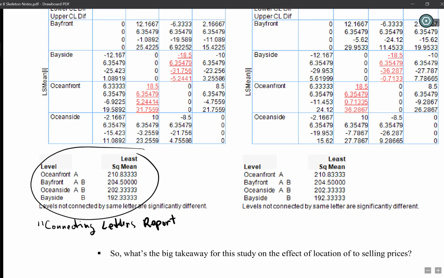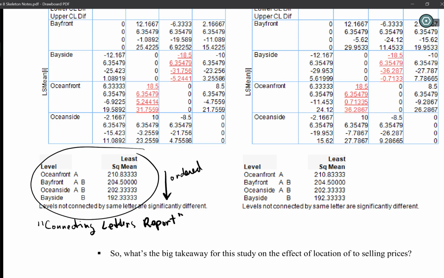What it does is it looks at all the pairwise comparisons through this kind of concise reporting scheme. If you look here at the sample means, the least squares mean, the sample mean for oceanfront is 210, the sample mean for bayfront is 204, and so forth. And these are ordered within JMP from largest to smallest.